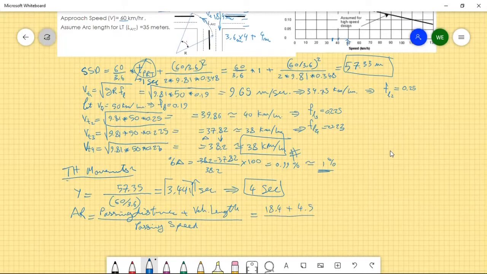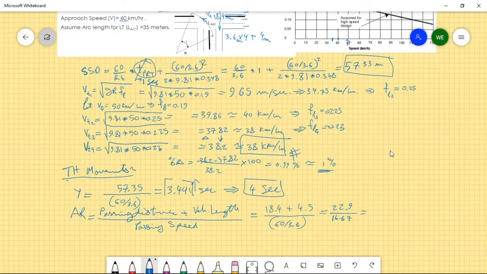It's going to be 60 divided by 3.6. So if we calculate this, we end up with 22.9 divided by 60 divided by 3.6, which is 16.67.